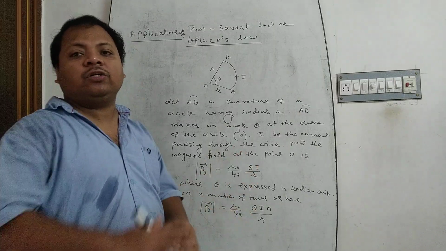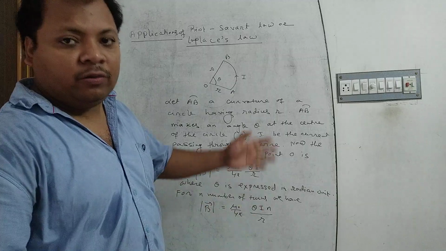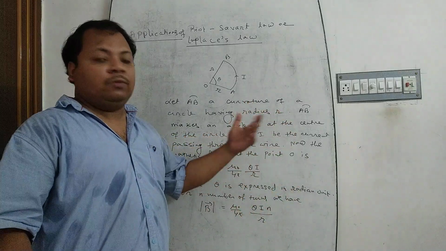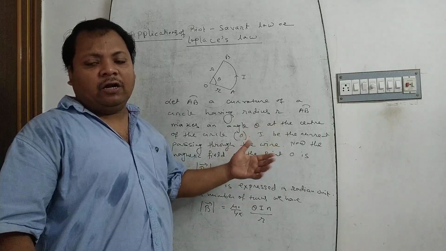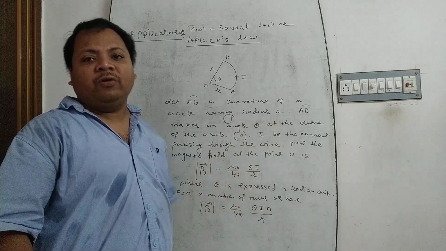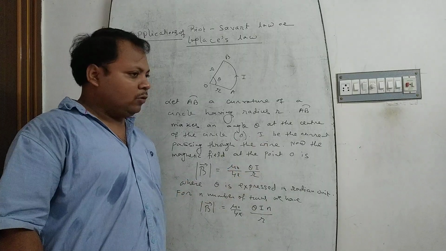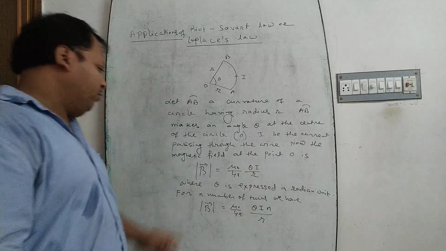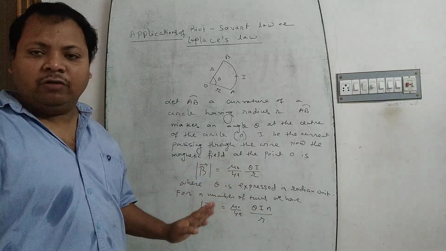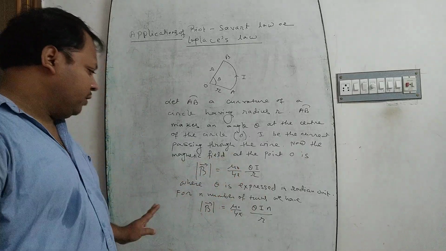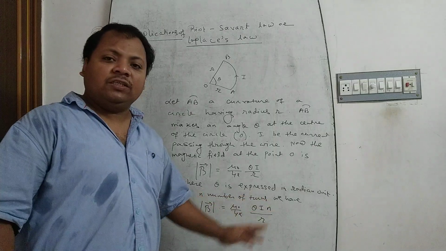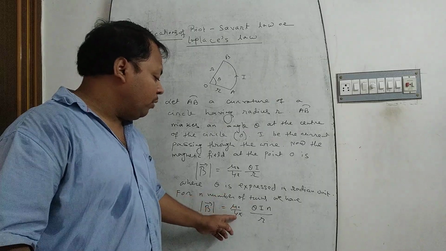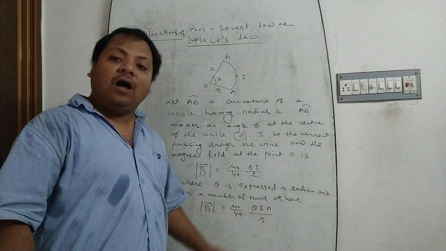You can derive this expression in a similar way to what I showed earlier. Theta is expressed in radian unit, not in degree unit. For n number of turns, you can write the magnitude of B vector is equal to mu 0 by 4 pi theta I n by r.